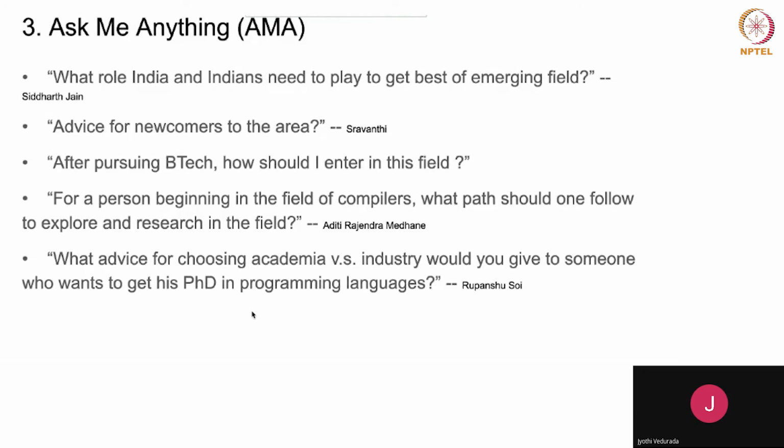What advice for choosing academia versus industry would you give to someone who wants to get his PhD in programming languages? If I may say something, I missed some part of it because there was a rare power outage at our end. I joined on phone. I would like to give one piece of advice, not just about PL in general, but about research, and also about whether you join industry or academia.